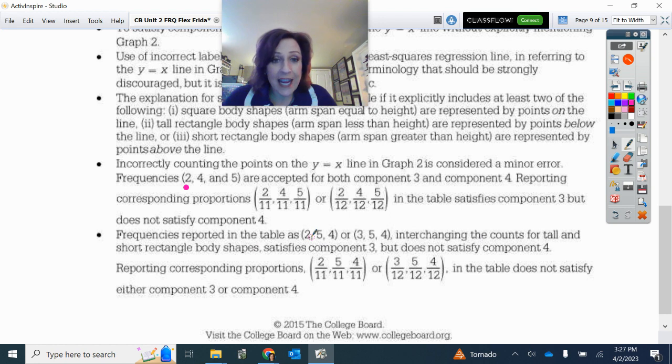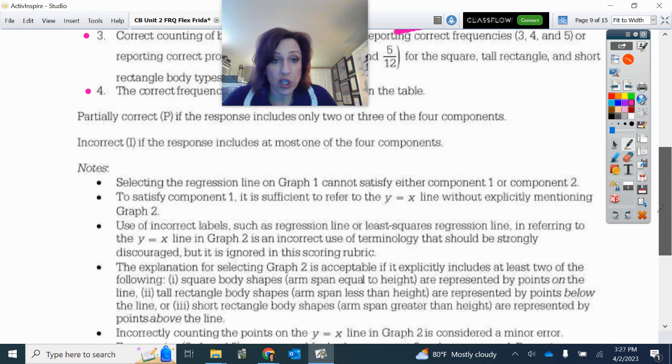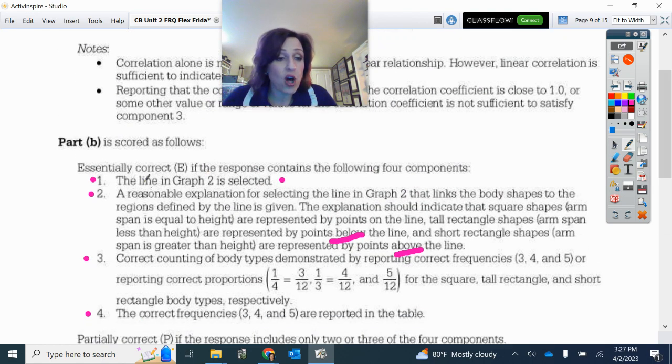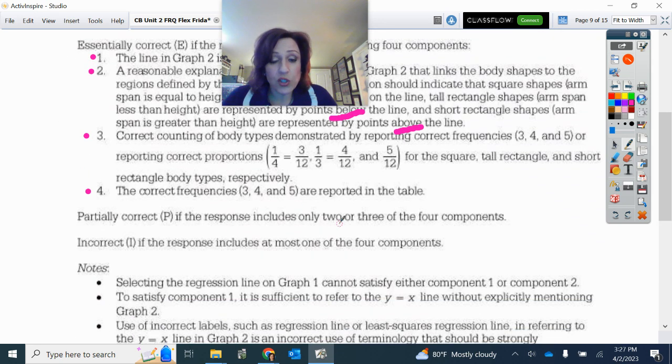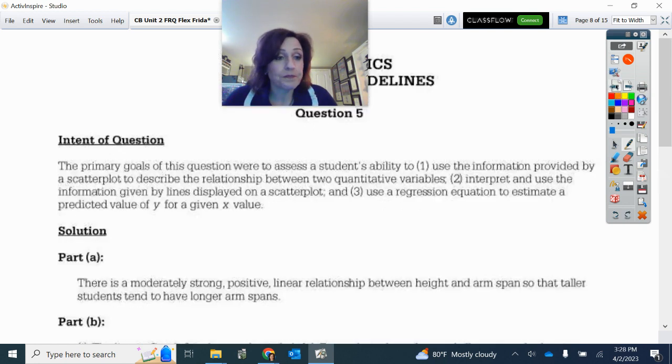If you had interchanged the 2 sections and put 2, 5, 4 or 3, 5, 4, then you get component 3, but not component 4. So that would have knocked you down to a partially correct. So you had to have all 4 of those correct for an E, and 2 or 3 of them correct for a P. So just 1 correct did not give you enough credit. So you got it for 2 or 3. So that's nice.